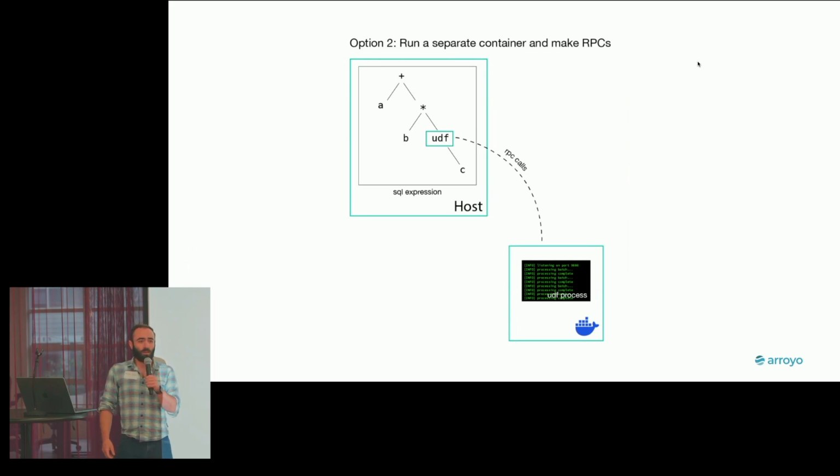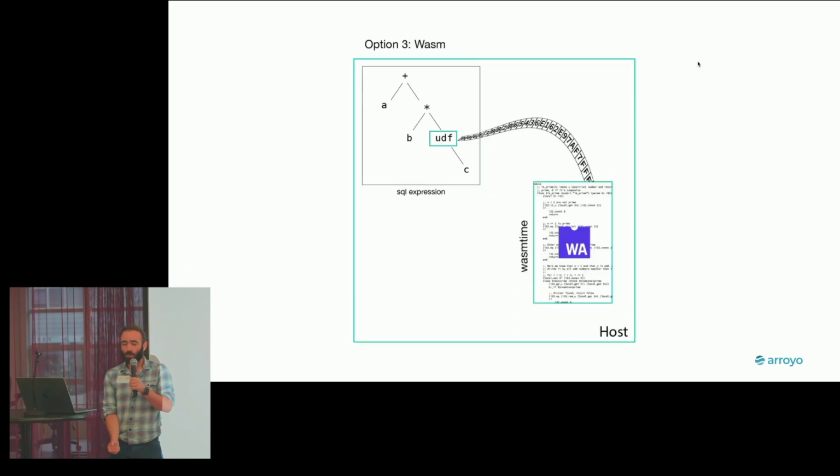And we're just not going to be able to hit that native performance that we're really aiming for. On the other hand, this can be great, especially if you're running a managed platform. You might want the isolation and security and sandboxing that a container gives you, but it's not quite the solution we're looking for.